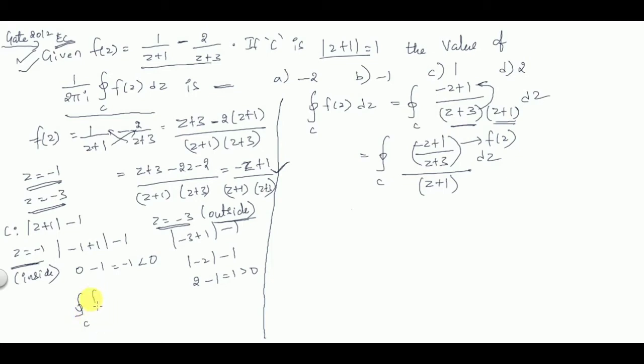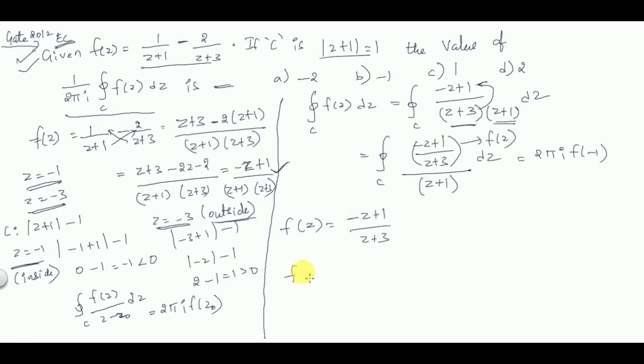What is Cauchy's integral formula? Integral of f of z by z minus z naught dz is equal to 2 pi i into f of z naught. So this is equal to 2 pi i into f of minus 1. What is f of z? f of z is minus z plus 1 divided by z plus 3.